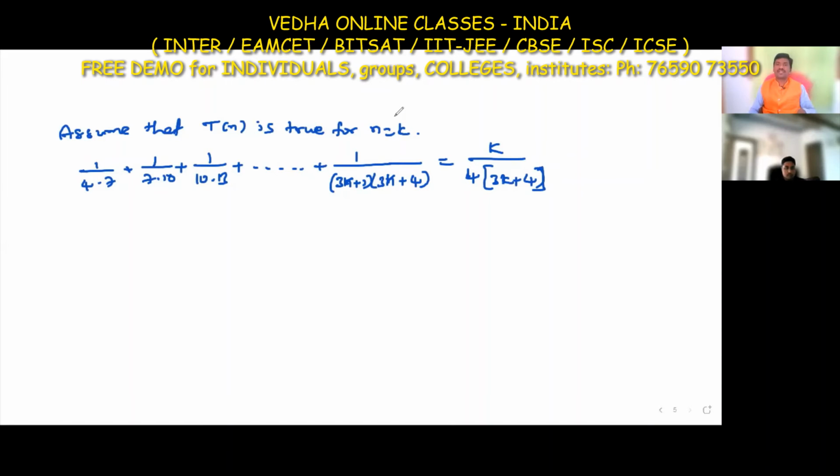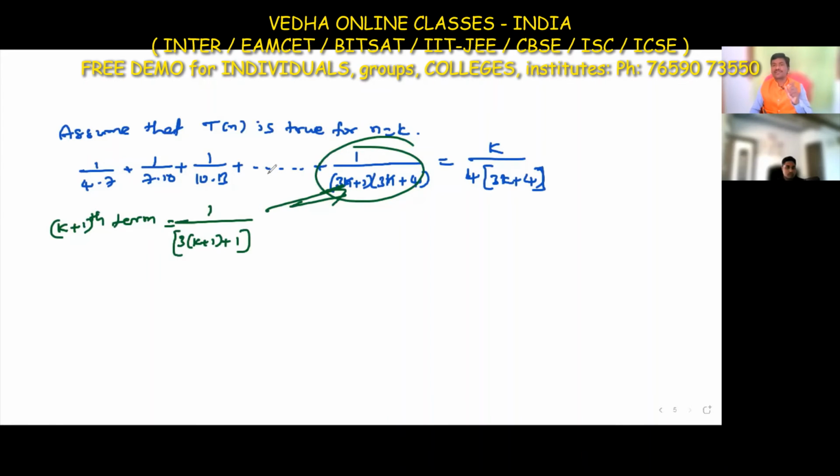Now find the k plus 1th term. The k plus 1th term is equal to 1 divided by 3 into k plus 1 plus 1, as it is the first term.